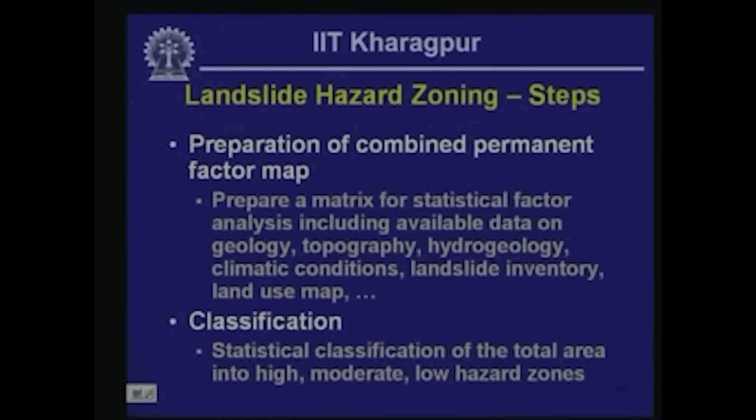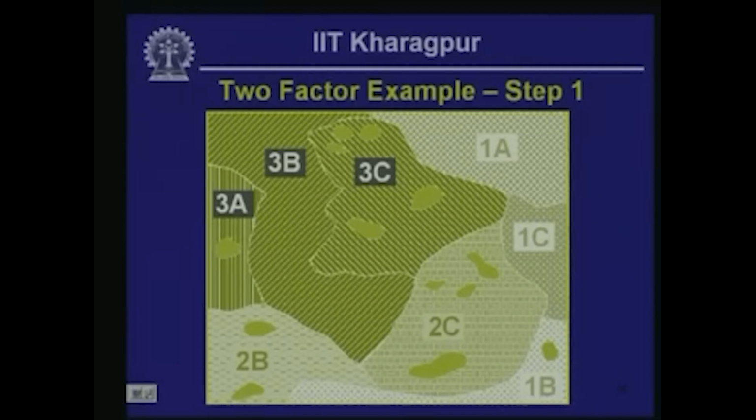Then, based on the statistical factor analysis, we have to classify the given area into high, moderate, and low hazard zones. Let us consider an example. Let us say you are considering a particular area underlain by 3 different types of rocks.